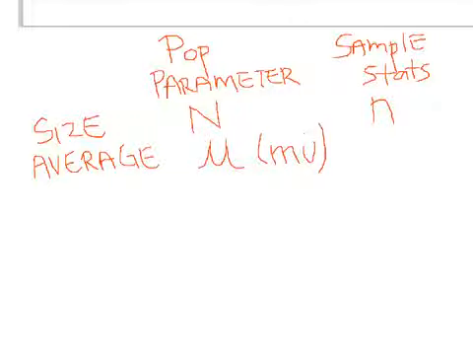Variance, sigma squared. Okay, how do we read that? Sigma squared. Okay, the one for sample is S squared. We also have what we call standard deviation. Population standard deviation is just sigma.